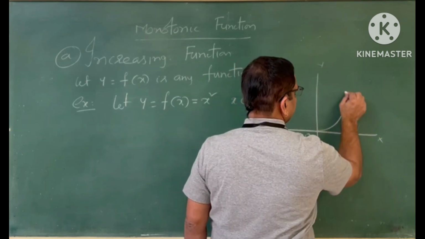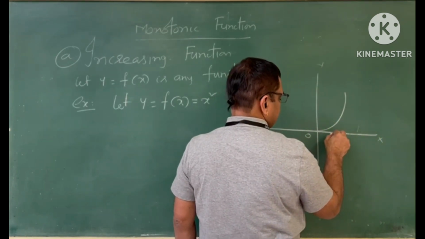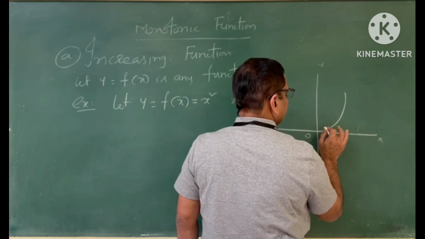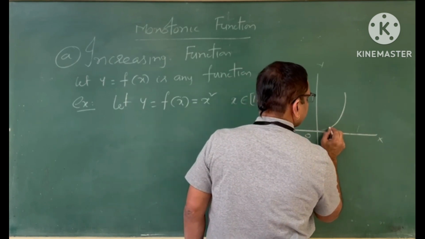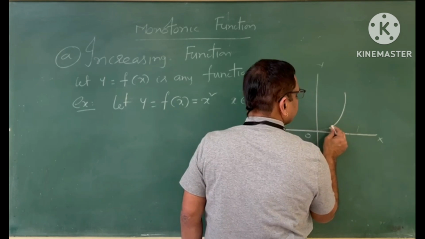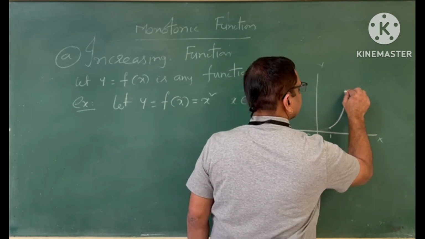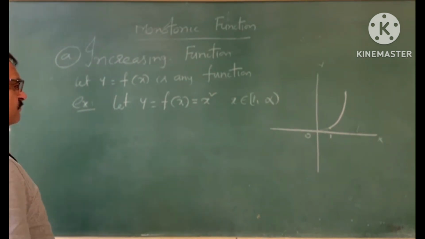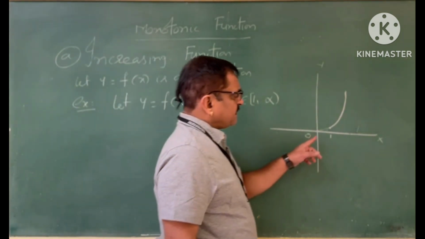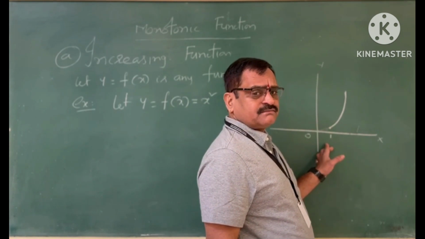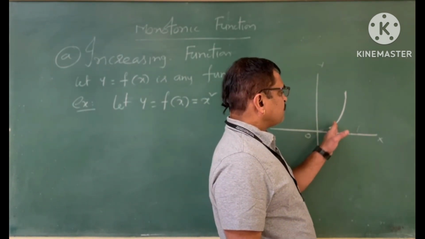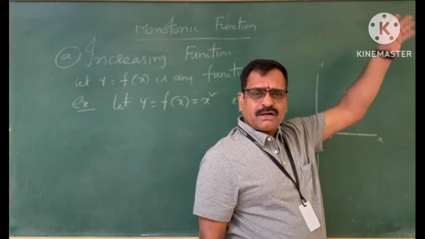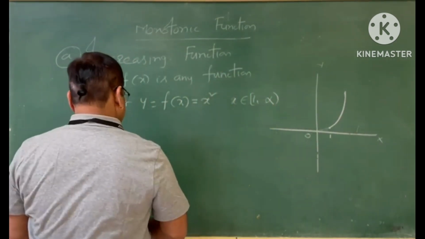The function is this, and here my domain of the function starts from 1 to infinity. So my graph starts here. So this is the graph of the function between 1 to infinity. Now, if you observe carefully, the graph is increasing from 1 to infinity.